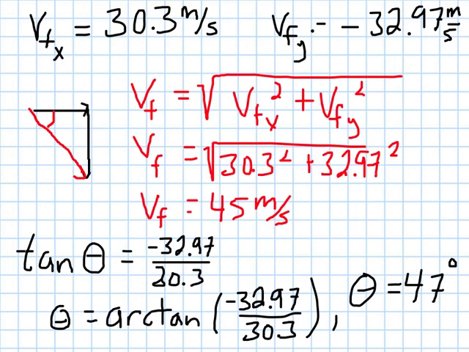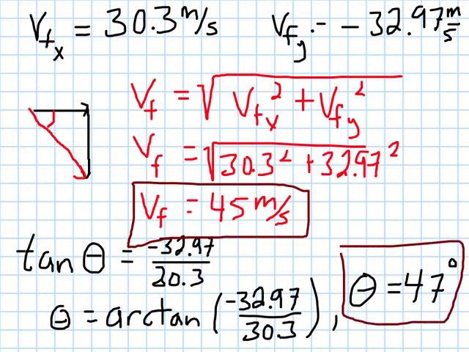If you take a look at it, that's measuring clockwise from the x-axis. But I could say 47 degrees below the horizontal, and that covers it. So we have actually our final answer. v final is 45 meters per second at an angle of 47 degrees below horizontal. And now we've completed both parts of our kinematics example.